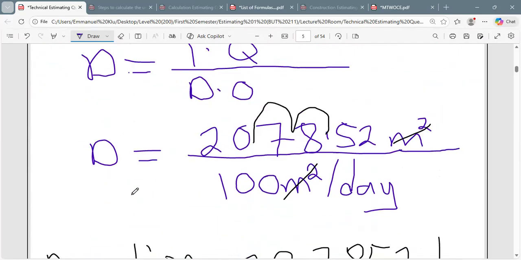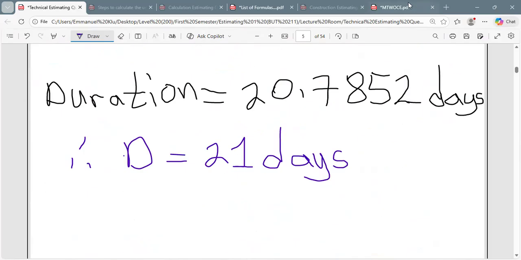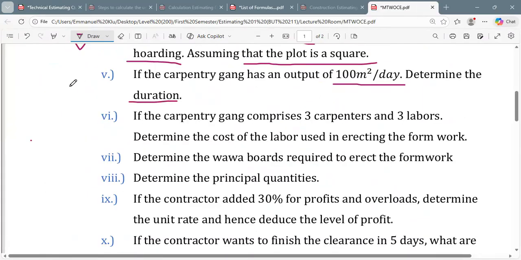Okay, so let's move to our next question. Now we are done with this. So VI: if the carpentry gang comprises three carpenters and three laborers, determine the cost of labor used in erecting the formwork.